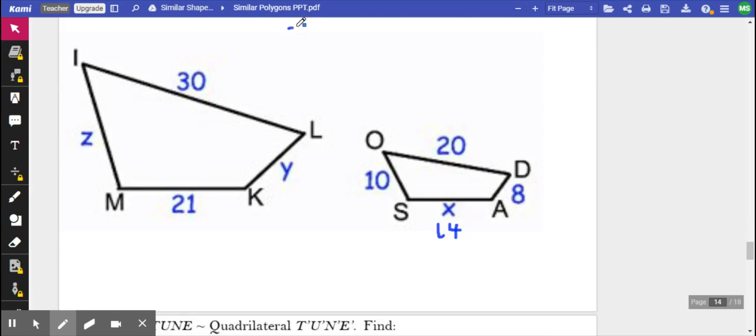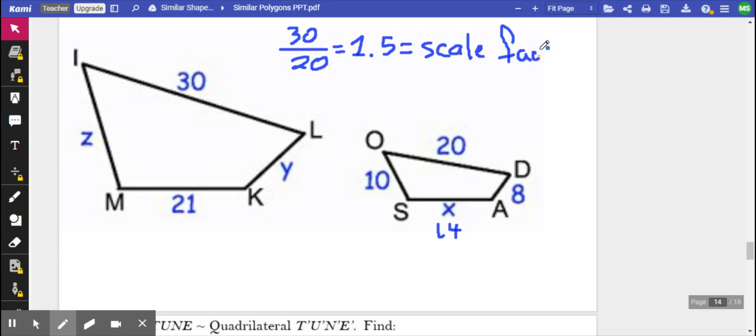So I could just do 30 divided by 20. 30 divided by 20 is equal to 1.5. And that is going to be equal to our scale factor. And instead of making a proportion, you can just multiply out the things on the smaller shape to get to the larger shape.